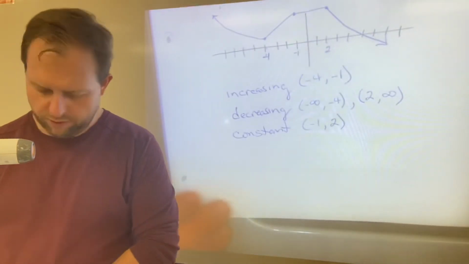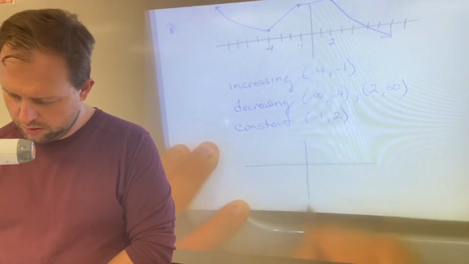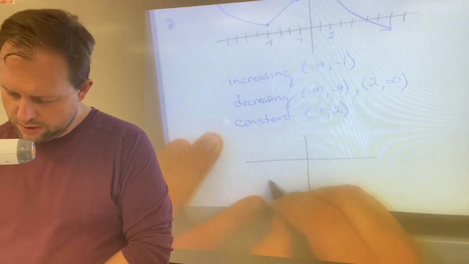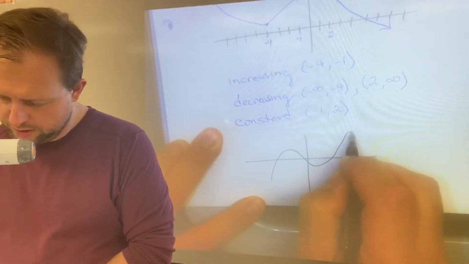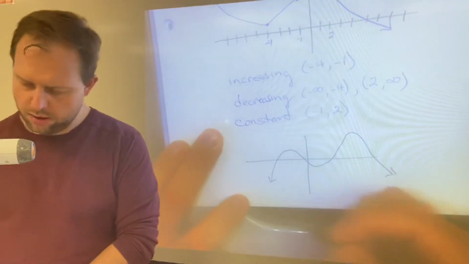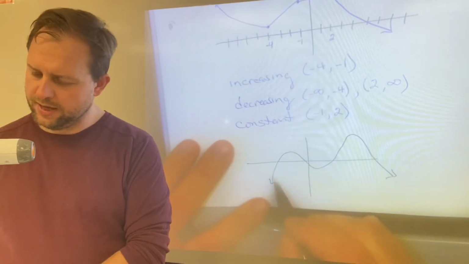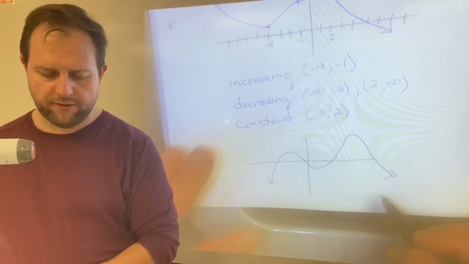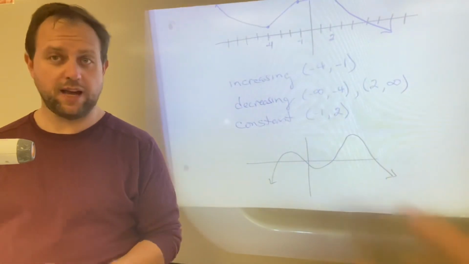Okay. If we have a curve and our curve goes up and down and up and down, okay? Let's look at the maximums. Let's look at the high points.